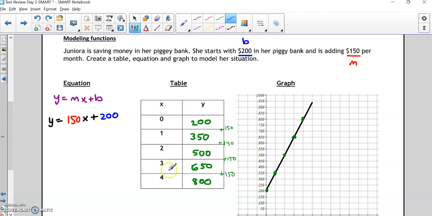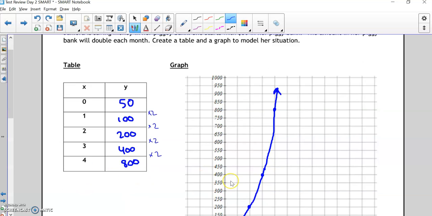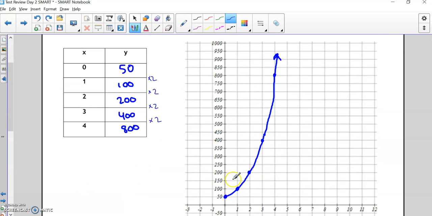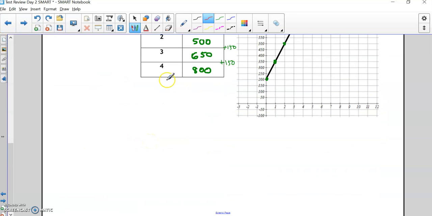At month 3, the linear route, she had 650, but here, we had 400. So there's a difference. However, what if we went ahead and looked at month 5? If we had month 5 in here, we would have $1,600, whereas in the original piggy bank, if we added a month 5, we would have 950.